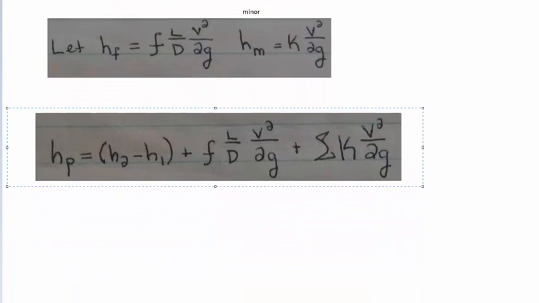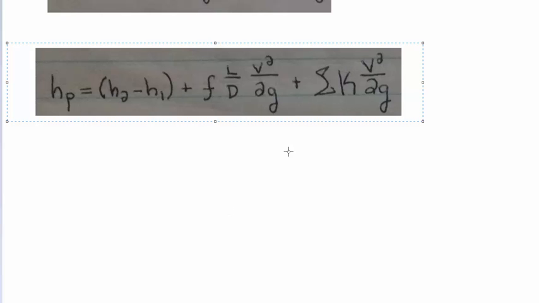So what I mean is, let's substitute from here to here: the Darcy friction factor going in for H sub F, and the sum of the K V squared over 2g's for the minor losses.